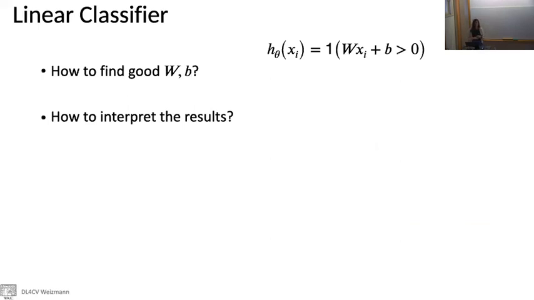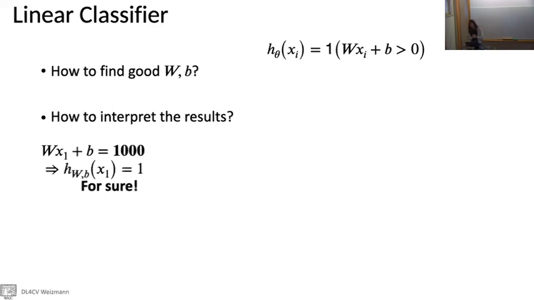Something that we want, I think, for the rest of the course is to somehow explain to ourselves what this linear predictor or classifier is giving us. So, for example, if for one example x1, the result of the linear classifier is 1000, okay, we know for sure it's classified as 1. What if the result is 0.6?